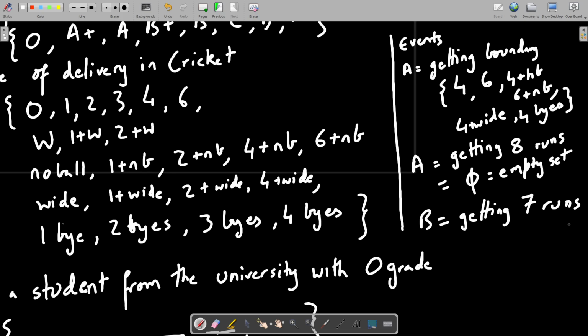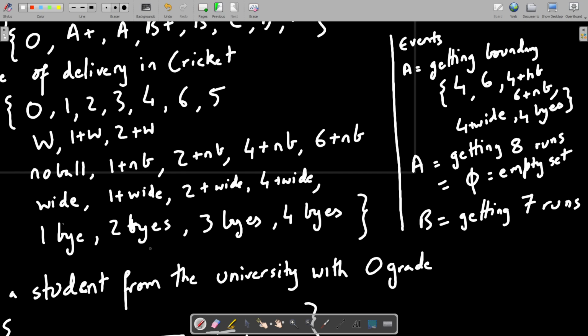Why 1 plus 4? You can't run one run and score a boundary also, right? I didn't understand, 1 plus 4, what is it? That scenario becomes 5 runs actually.